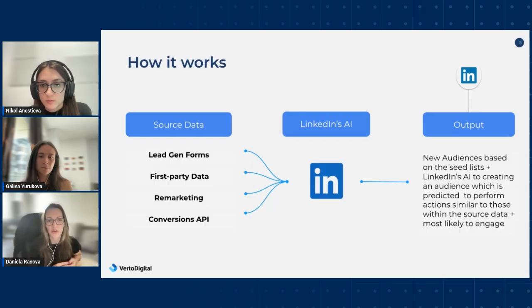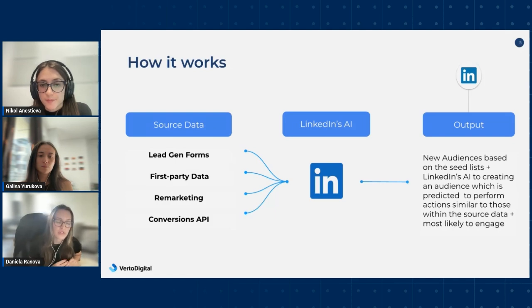Today, we'll mostly talk about first-party data and conversions API, because this is what we experimented with the most. Essentially, LinkedIn's AI takes all of this data and finds members who are similar to these audiences. There could be some differences within the audience that LinkedIn's AI creates, but we'll talk about that a little bit later.